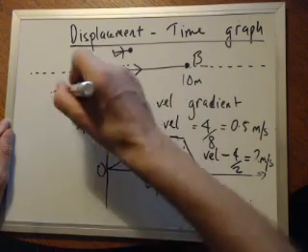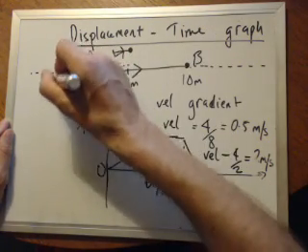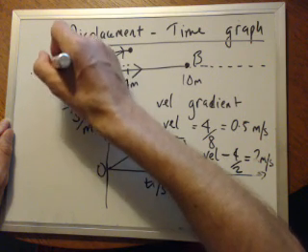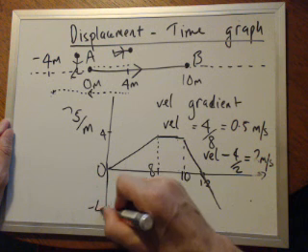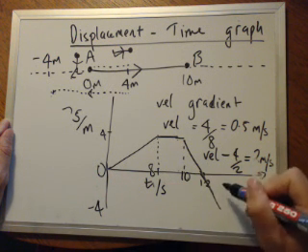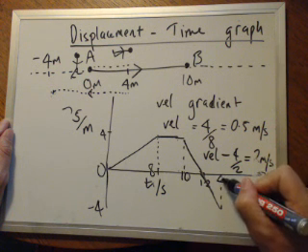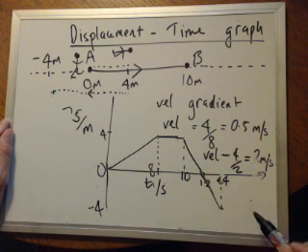Let's say he goes 4 meters past, and that would in fact be minus 4 meters. At the same velocity, the same gradient, that would take him up to 14 seconds, so in another 2 seconds.